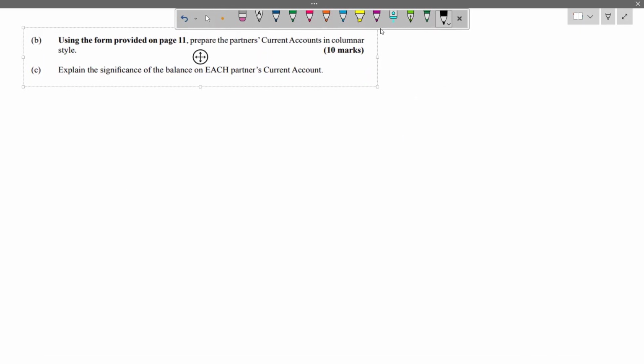So this is the style we're going to use. We're going to have current accounts, one column for Cassie and another one for KC. Right? These are dollar amounts going here.